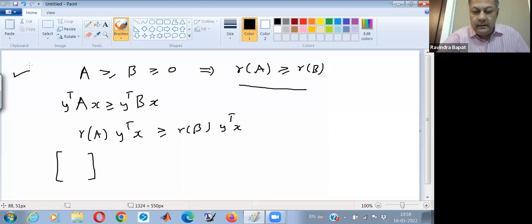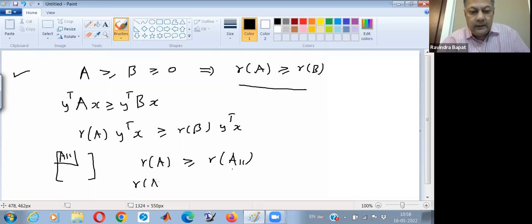Similarly, if you take any principal submatrix of A, say A11, then the Perron eigenvalue of A is greater than or equal to the Perron eigenvalue of A11. In particular, it follows that the Perron eigenvalue of A, which I stated last time, is greater than or equal to any diagonal element. There are many such inequalities for the spectral radius, and further inequalities which I have not stated.